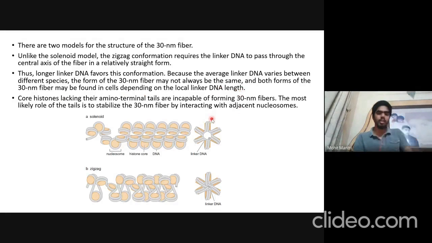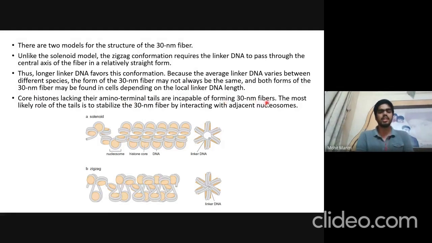So based on the metabolic condition and the genomic and the chromatin arrangement inside the cell, the size of the linker DNA may change, and depending on that, both kind of model can be formed in form of 30 nanometer fiber. Core histone lacking their amino terminal tail are incapable of forming 30 nanometer fibers.